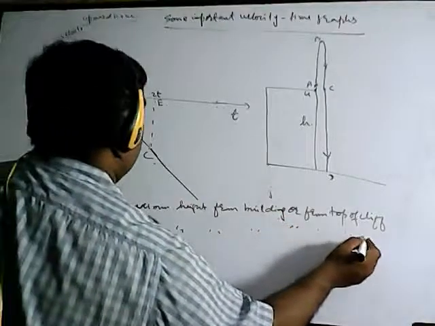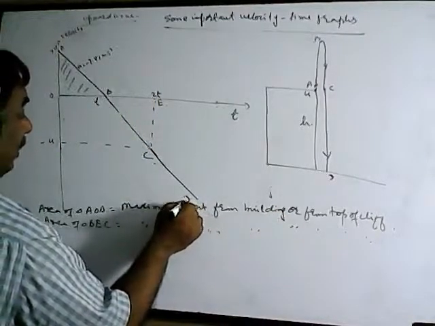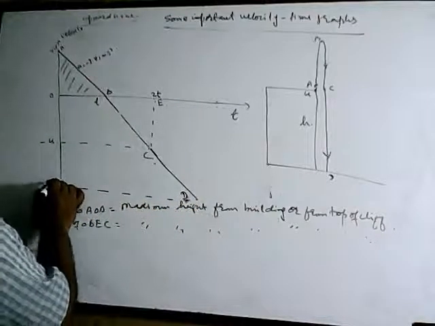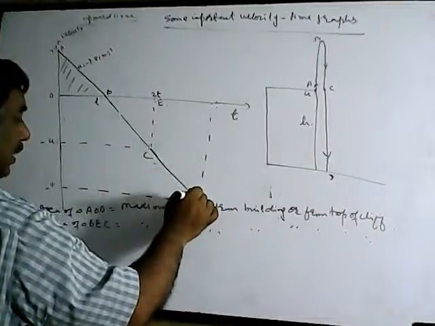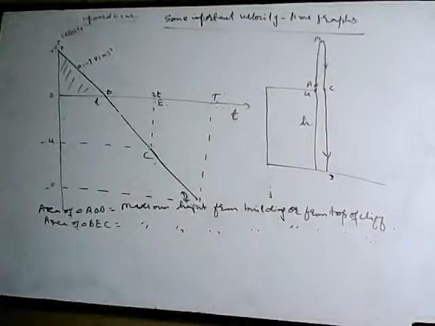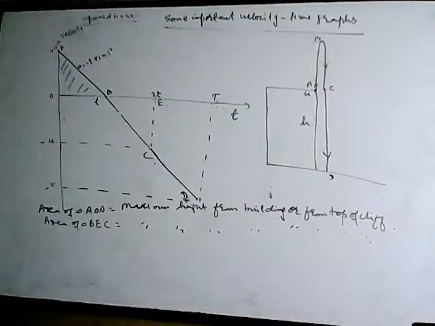Or from the top of the cliff, and it reaches this point D here, and its velocity will be, suppose, minus v, and this timing can be any other time, capital T I am taking. It's not related to this T or this T. Okay, now suppose I have to find the height of the building.